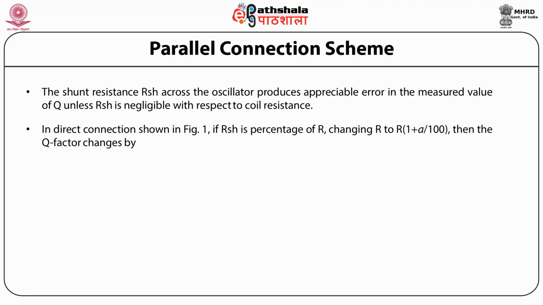Thus, ΔQ = (1/ωC) × (1/R − 1/(R(1 + A/100))). Simplifying the expression, we get ΔQ = (1/ωCR) × 1/(1 + 100/A).